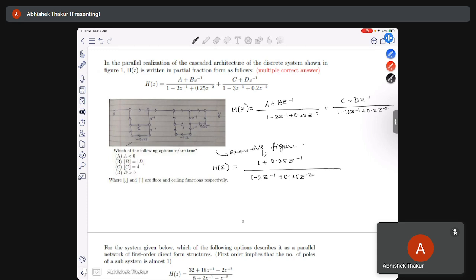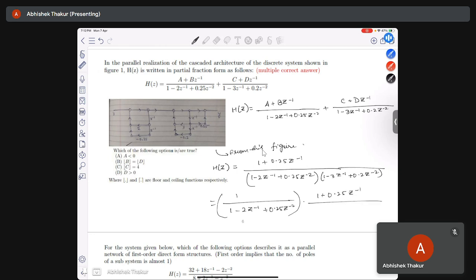This is from the first part, and from the second part it is 1 divided by (1 minus 3z inverse plus 0.2 z to the power of minus 2). So we can write it as 1 divided by (1 minus 2z inverse plus 0.25 z to the power of minus 2) multiplied with (1 plus 0.25 z inverse) divided by (1 minus 3z inverse plus 0.2 z to the power of minus 2).